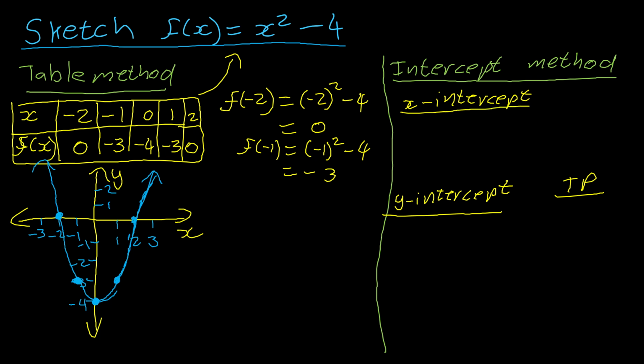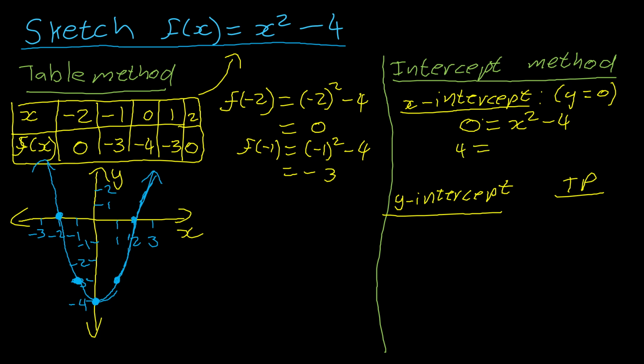Now, if we start off with the x-intercept, immediately we know the y value is 0. So we're going to take that and substitute it into our equation. We know that f of x is a fancy way of talking about y. So it becomes 0 equals x squared minus 4. Now it becomes a quadratic equation that we need to solve for x. So we can transpose the 4.